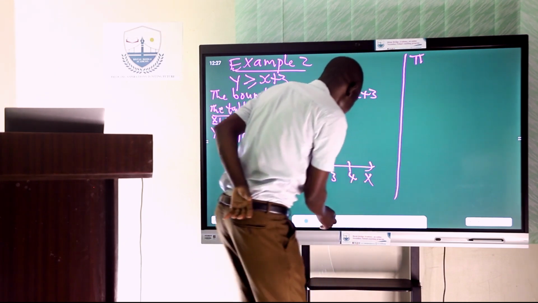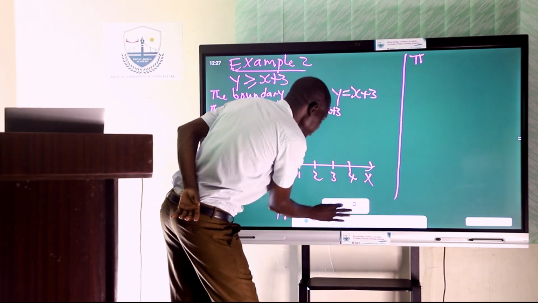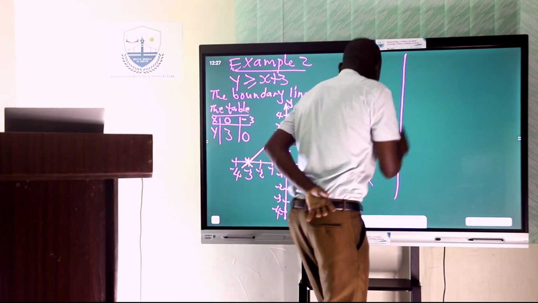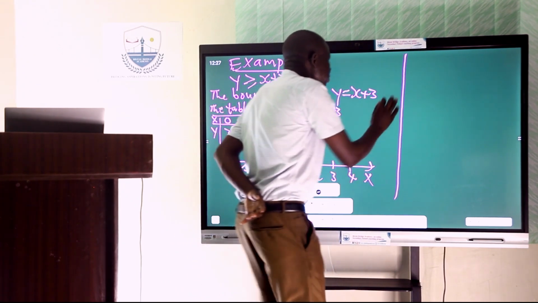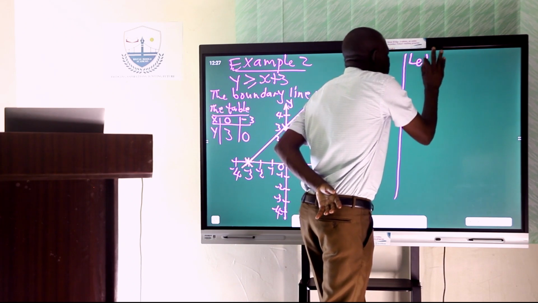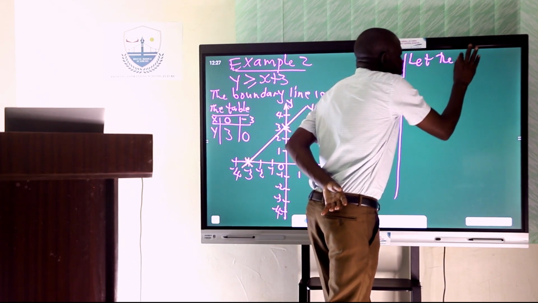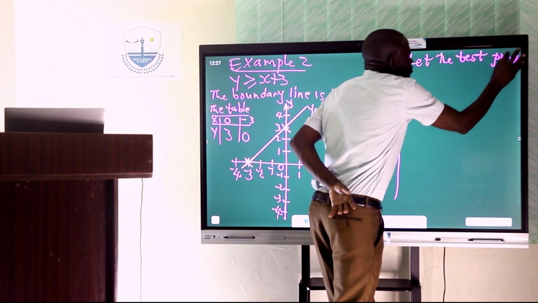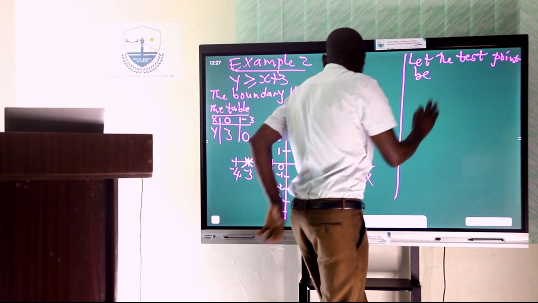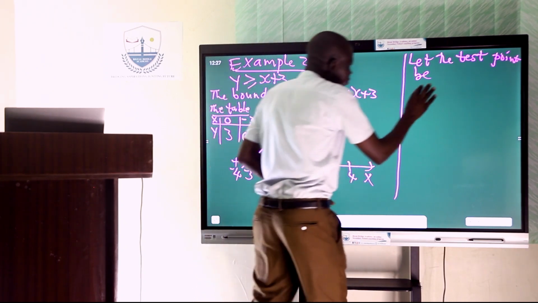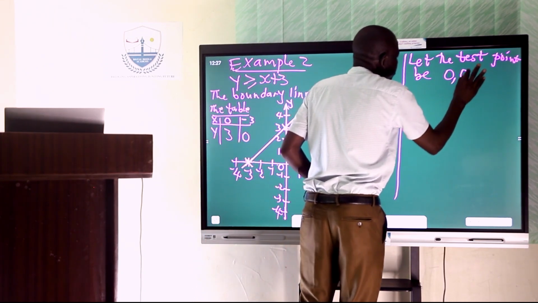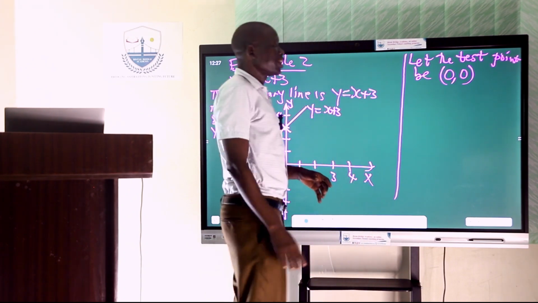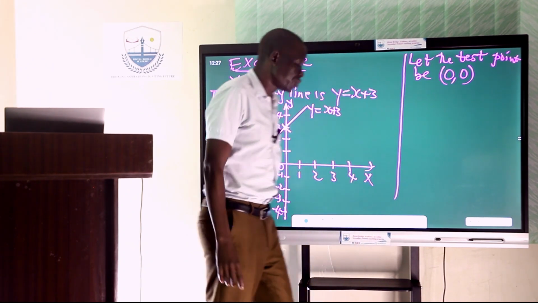We can say, let the testing point be, we can choose any. I can choose 0, 0. That means when x is equal to 0, y is equal to 0.